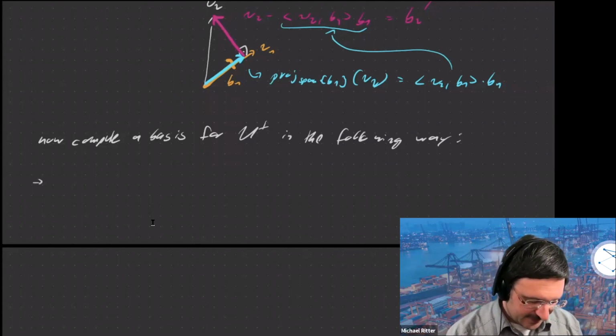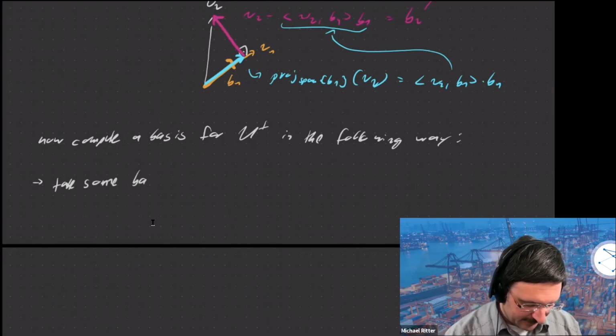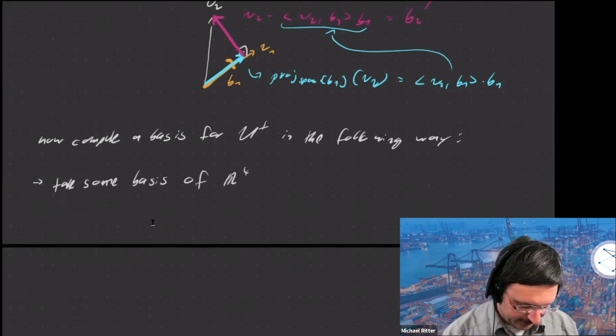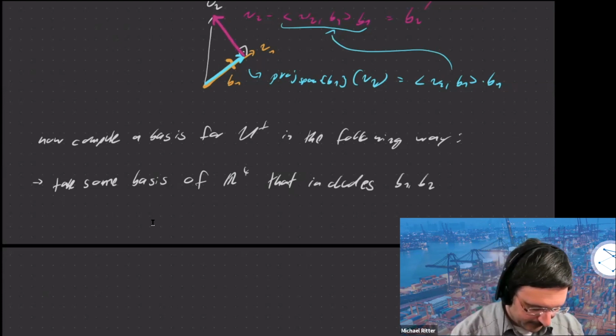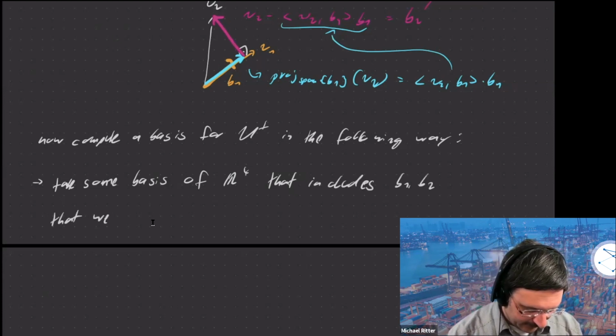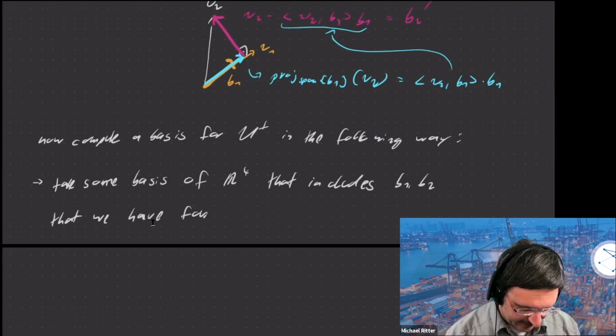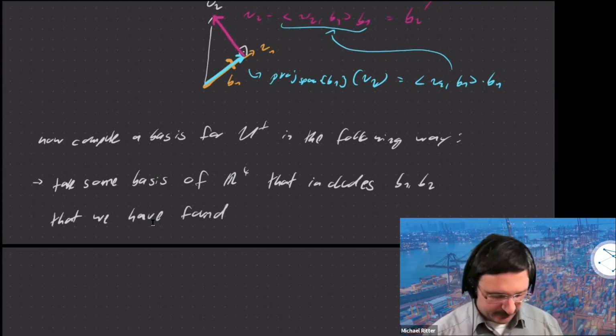So what we do is we take some basis of R4 that includes the vectors B1 and B2 that we have found. So we extend that basis of U to a basis of R4.